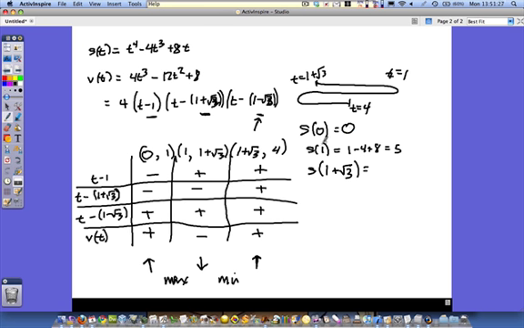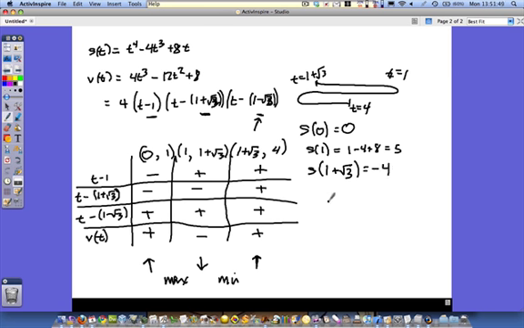S of 0 is 0, S of 1 is 5, S of 1 plus square root of 3 is, according to my calculator, let me look real quick, equal to negative 4.